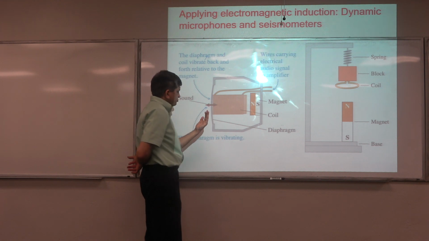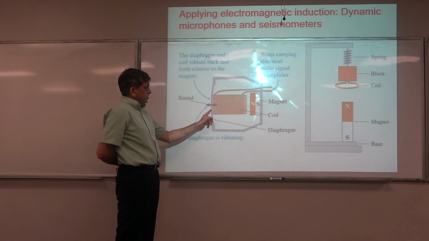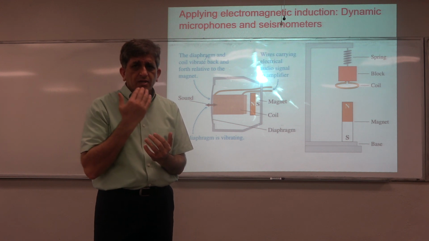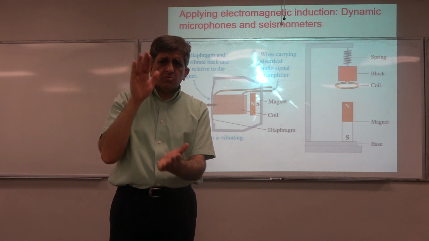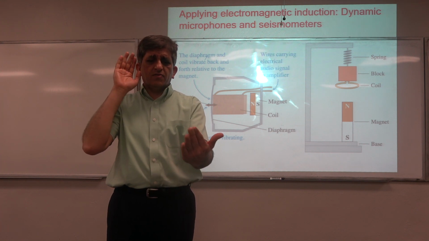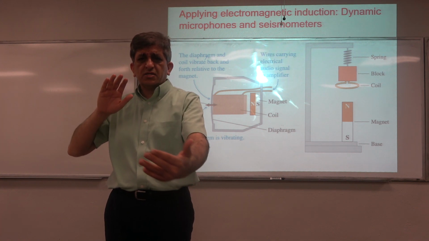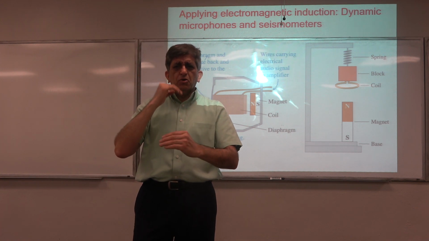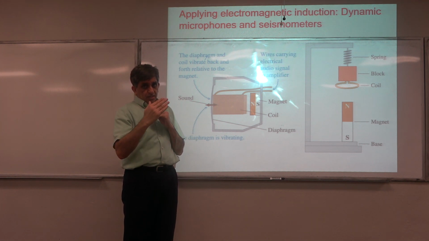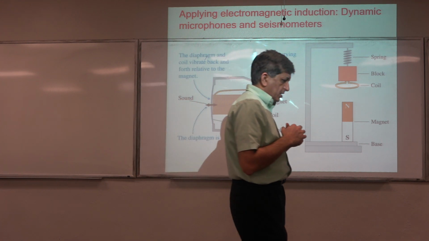Now when I speak, this process of speaking forms sound waves by the motion of my lips. The air particles closer to my mouth will be compressed and then decompressed, compressed and decompressed with the motion of my lips. So the sound is producing this vibration in the air particles.